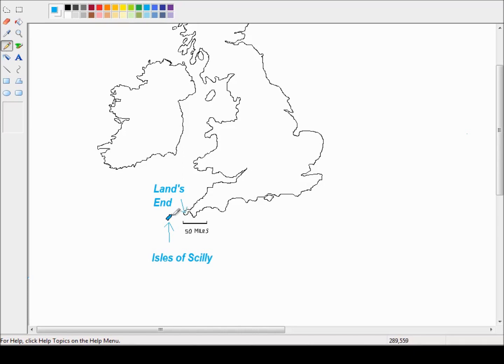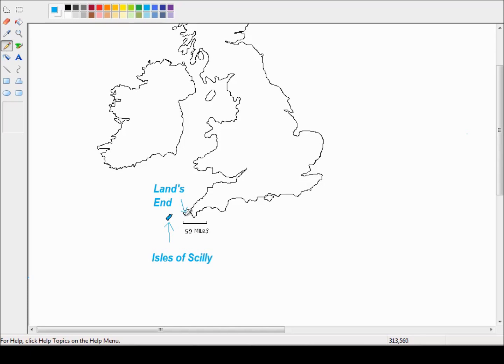That's the distance between Land's End and the Isles of Scilly, and then I would divide that distance by this distance that I'd measured and written down, and then I'd multiply the result by 50 to get the actual real life distance. Well, I can't work with a ruler, I'm going to have to work with pixels.